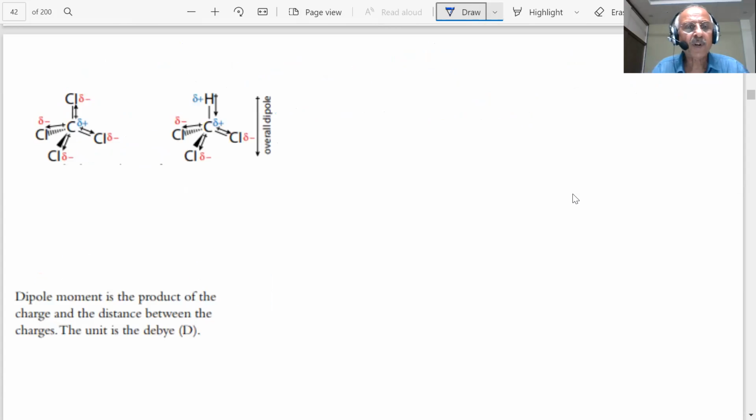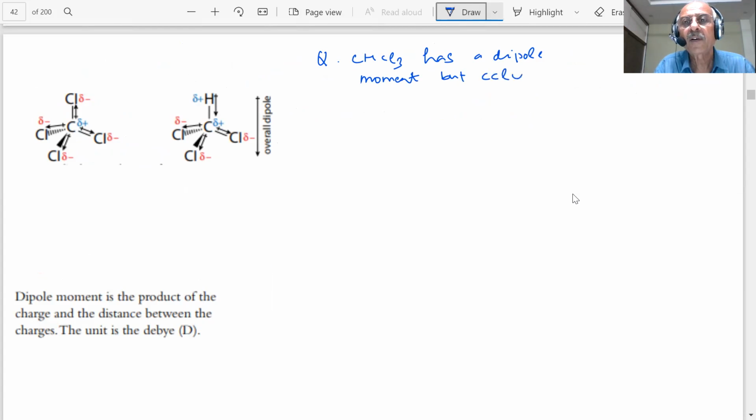The questions are given, students. In many cases, the question is that CHCl3 has a dipole moment, but CCl4 dipole moment is 0. This is polar, but this becomes non-polar, students.